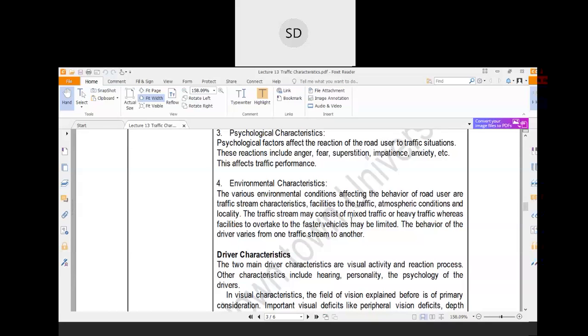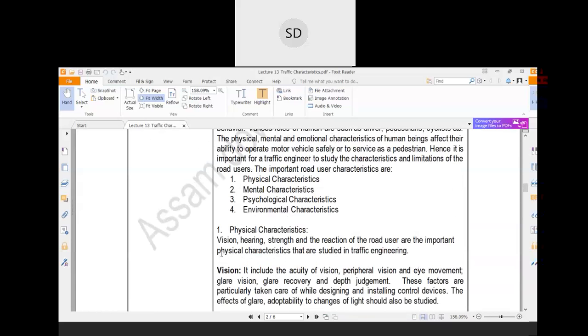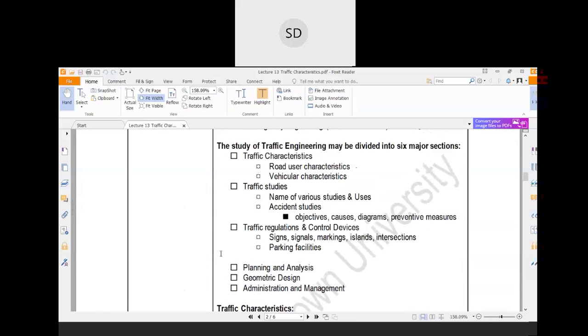So it can be said that with the change in the environment, the behavioral characteristics of the road users also change, and that will also affect the vehicle operations on the road. So these are, in general, the road user characteristics.